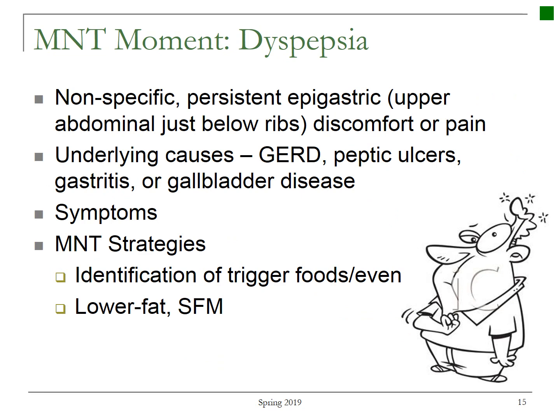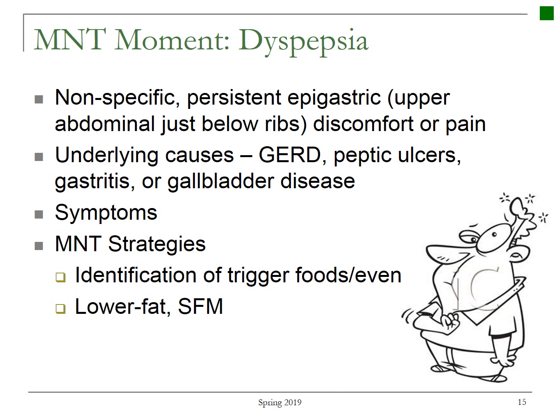Dyspepsia, or indigestion, refers to the non-specific, persistent epigastric discomfort or pain. It affects 20 to 40% of the population. Patients complain of burning, pressure or fullness in the epigastric area, and that they cannot finish a normal-sized meal, indicating early satiety.